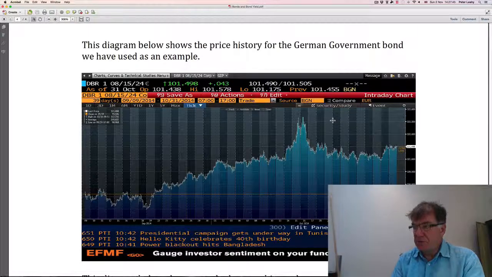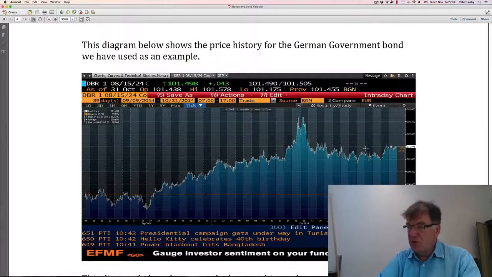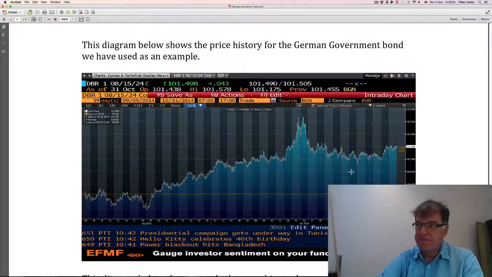You can see there has been some volatility, some price movement. Nothing enormously dramatic, but consistent with what we saw for the yield curve. Bonds have mostly gone up in value. You can see an upward trend here.